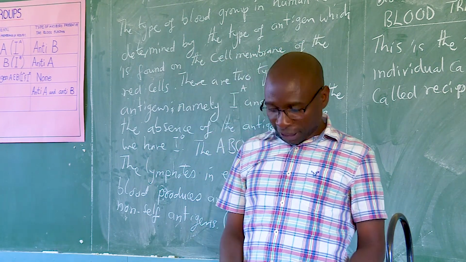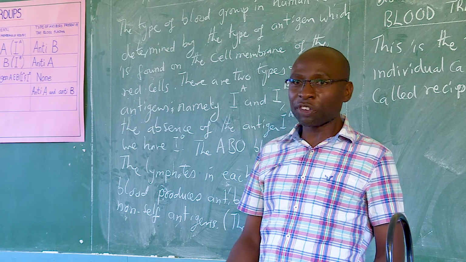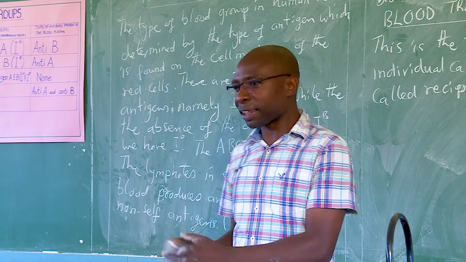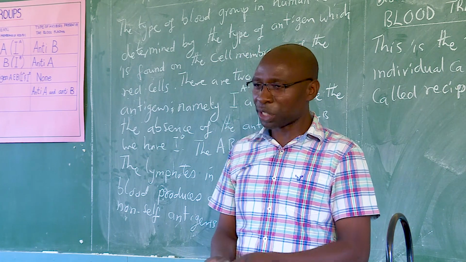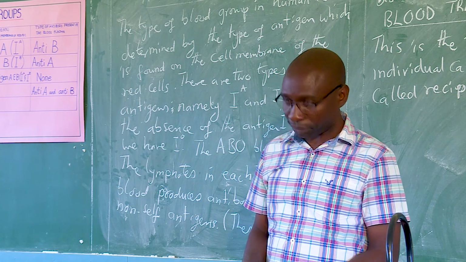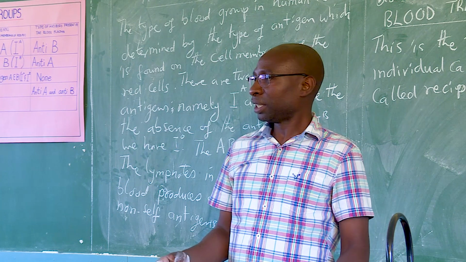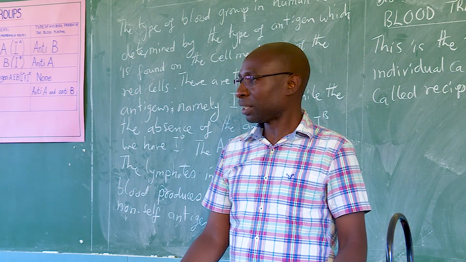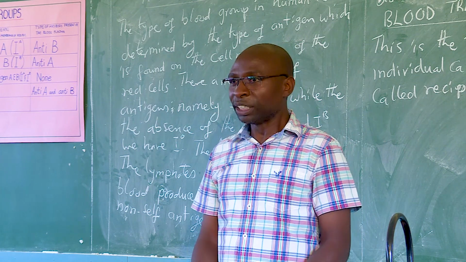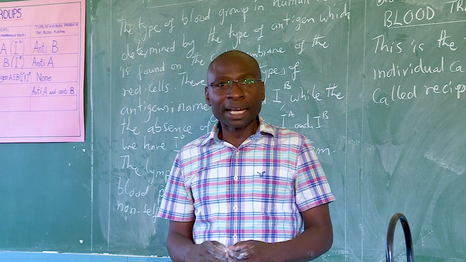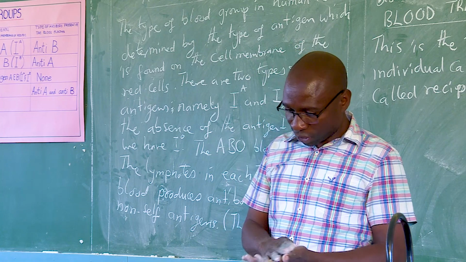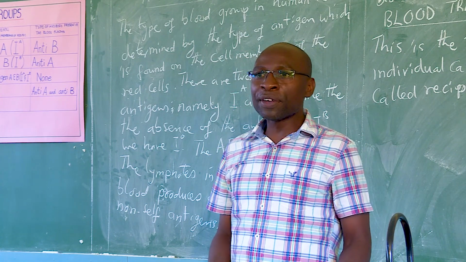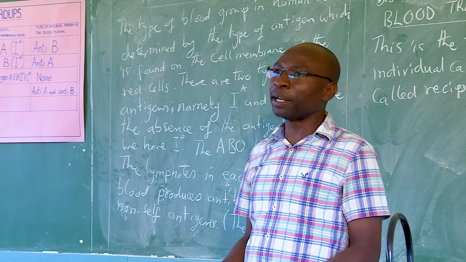Now, for blood to be transfused or transferred from one person to the other, what is supposed to be considered? The blood group of the person who is donating and the one who is receiving. Correct. So that means the blood of the donor must be compatible with the blood of the recipient.